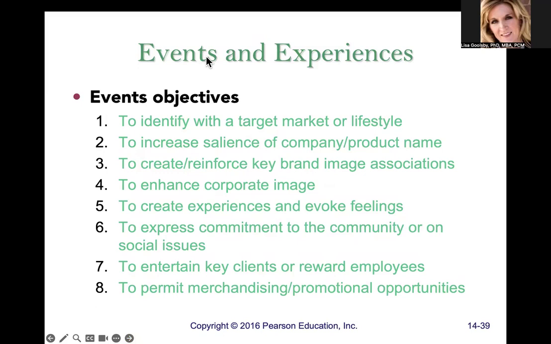Okay, let's look at some public relations things, events and experiences. So event objectives. If you're going to have an event, you need to make sure you have some objectives with them. Again, understanding that customer is critical. You want people to get information about your company, the brand, the name, the story behind it.